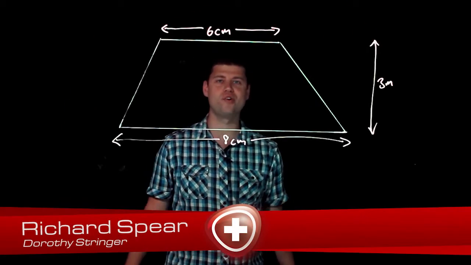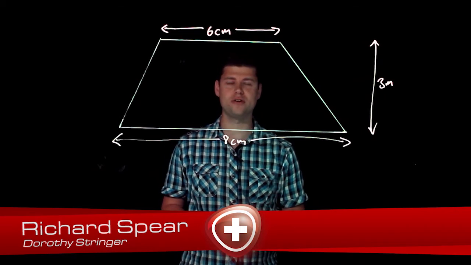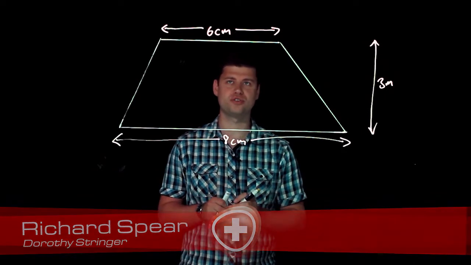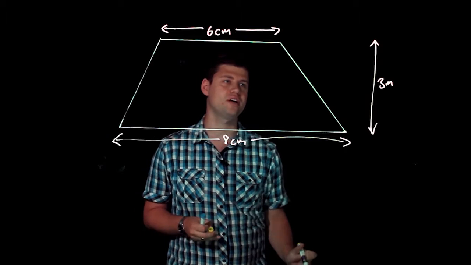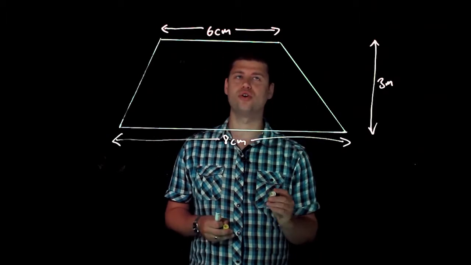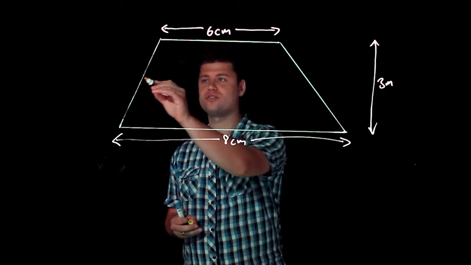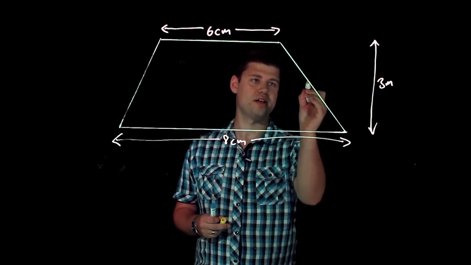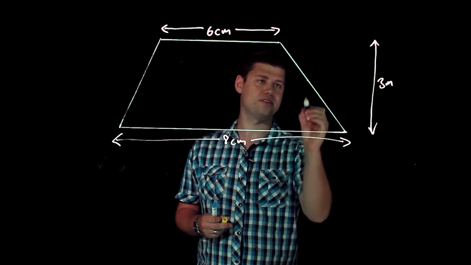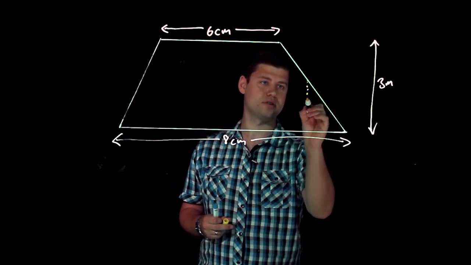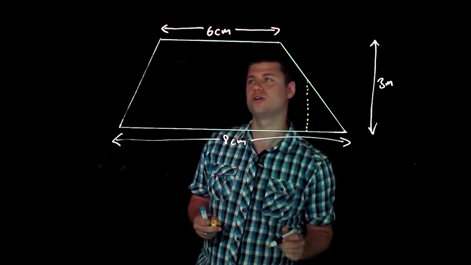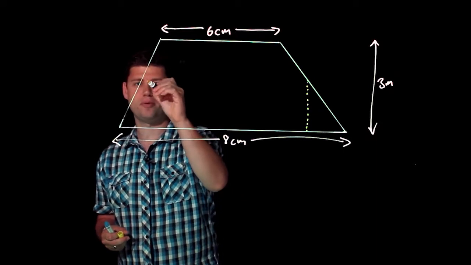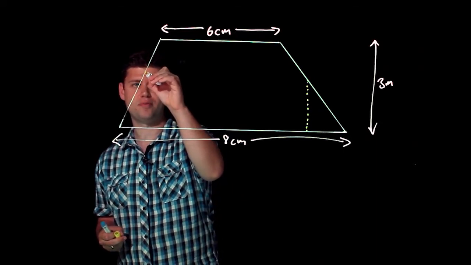Going to be looking at the area of a trapezium in this video, and to start off with, what we can do is if we take the centre point of each of these two lines, then you'll notice that we can add the shapes back to another part of the shape, which you'll see in a moment.